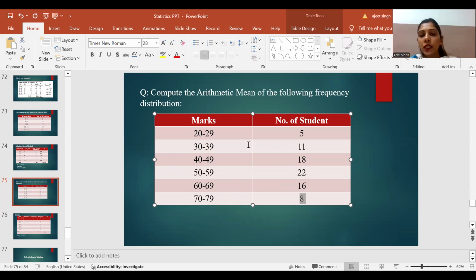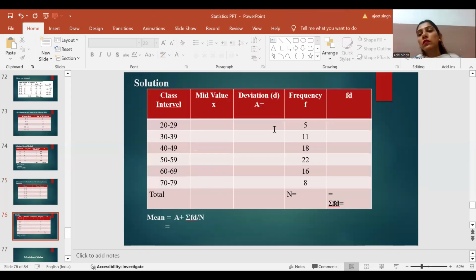So we have to calculate the arithmetic mean for this given frequency distribution. Now, let's start with the solution of this question.